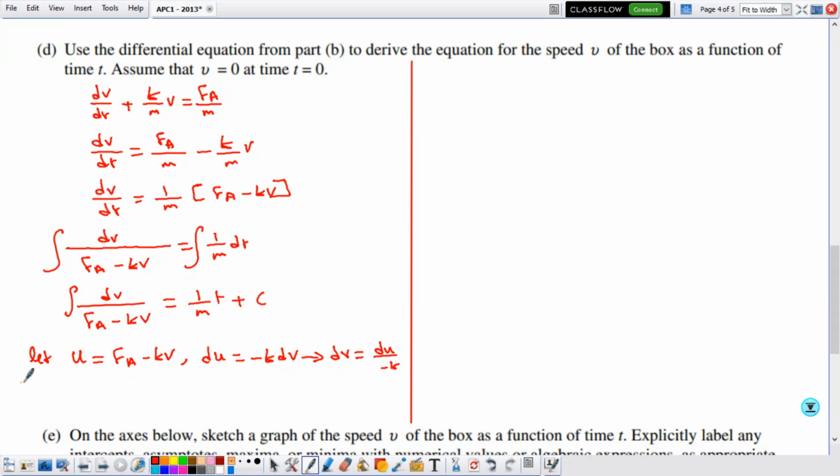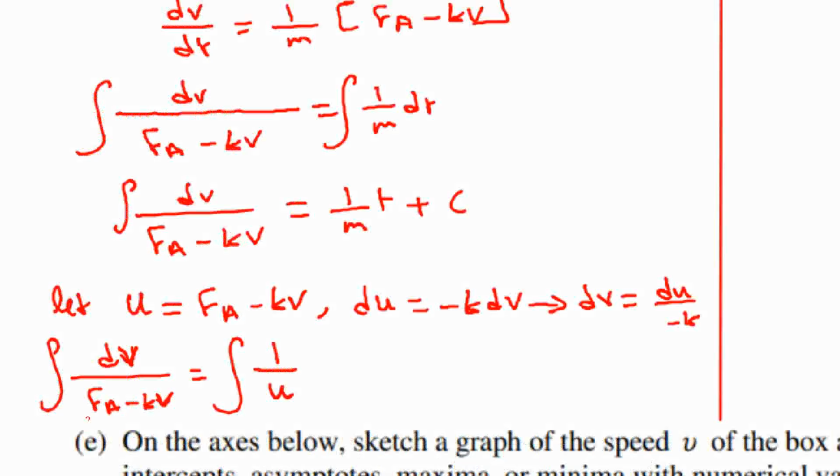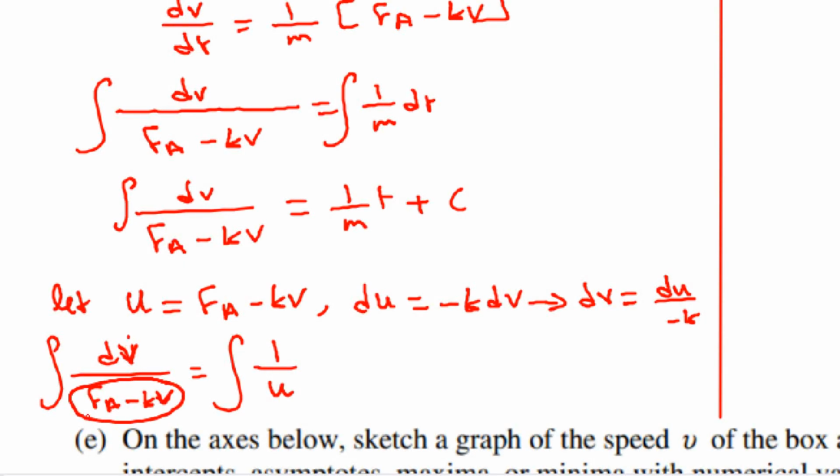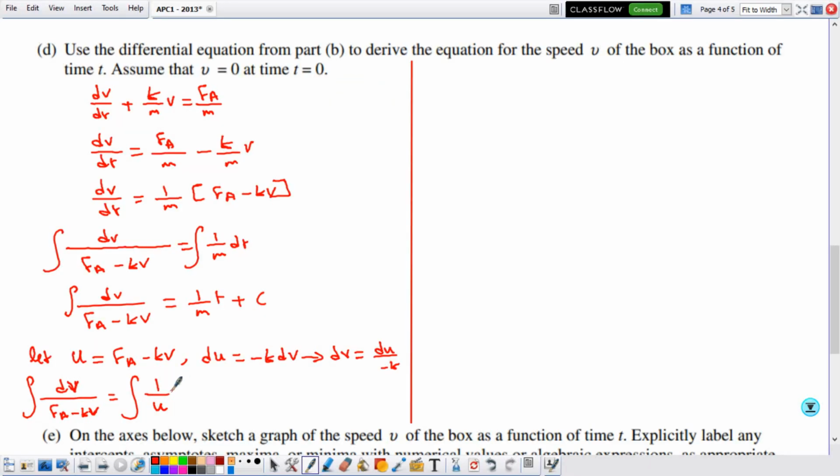Then this integral, dv by Fa minus kv, can be written as the integral of 1 over u, because I have defined this to be u. Now what about dv? dv has been identified as du over minus k based on our change of variable.